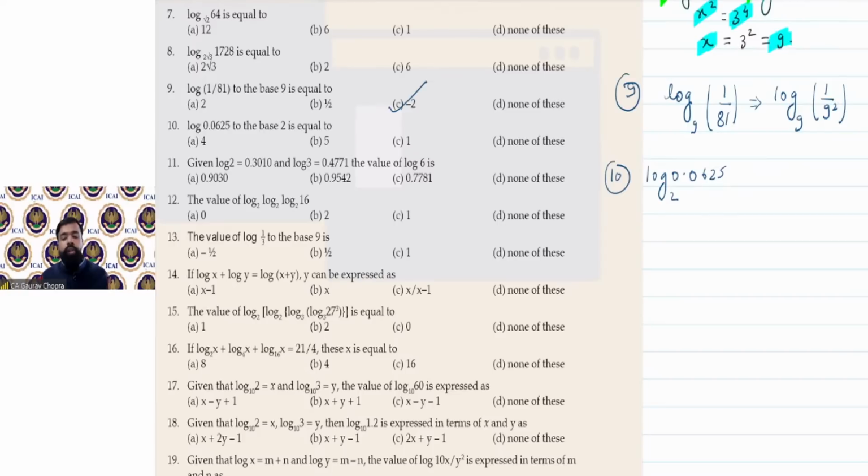Can you find the factors and simplify? Let's try. What are the factors, or how will you try to solve this? Log of 0.0625 to the base 2 is how much?